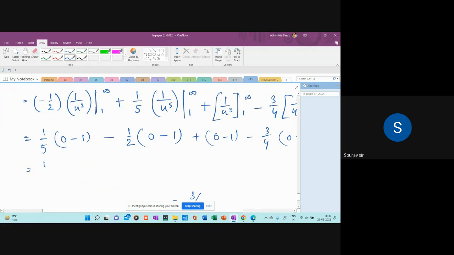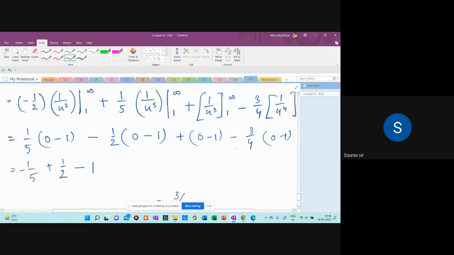So that is going to give me minus 1 by 5 plus half, and that basically gives me 0 minus 1. So basically it is minus 1, and this particular portion gives me plus 3 by 4. So can you calculate this and tell me what the value will be? This is half plus 3 by 4 minus 1 plus 1 by 5, if I am not wrong in the signs.